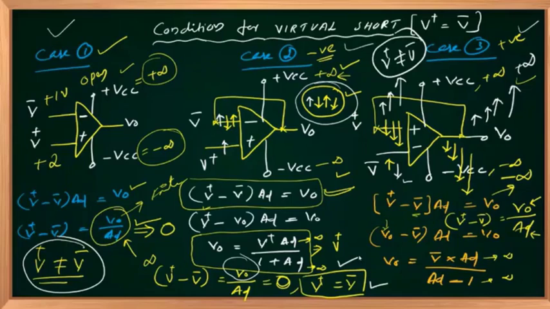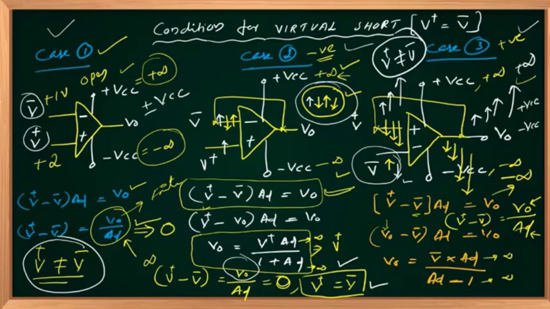And while solving the circuit, if it is case number 1 or case number 3, we don't have any issues. We need not do anything. Blindly, you can say that the output is at plus VCC or minus VCC. That depends on the polarity of V minus. In case 1 also, you can say that the output is either at plus VCC or minus VCC, depending on the values of V plus and V minus.